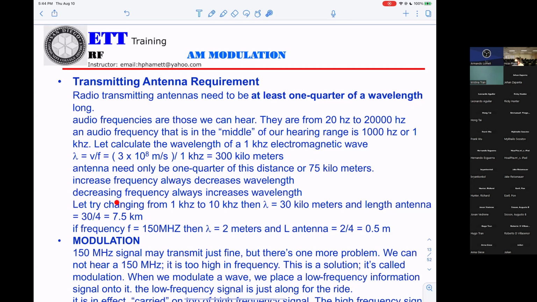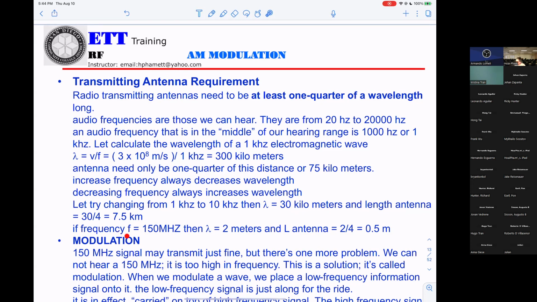Let's try changing from 1 kilohertz to 10 kilohertz. Then lambda equals 30 kilometers, and the antenna length will be 30 divided by 4, which is 7.5 kilometers.